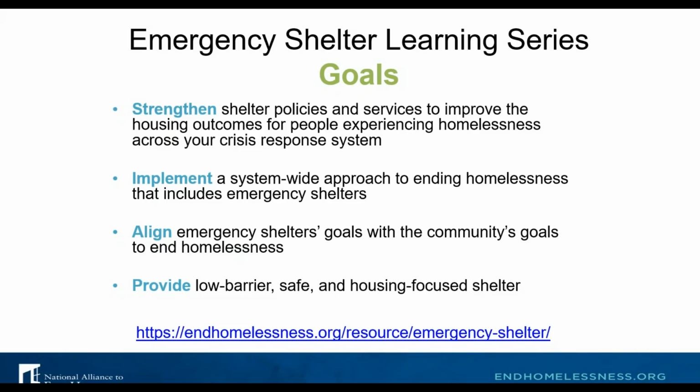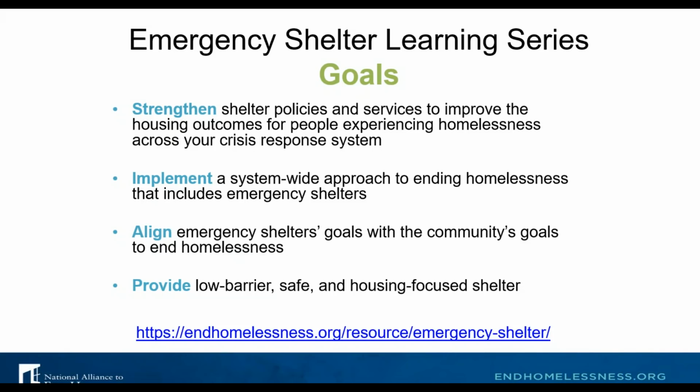So we developed this series and these resources as a way to help achieve 4 key goals. First, to help you strengthen your shelter policies and the services that you provide to people experiencing homelessness in your community so that you can help more folks exit your homelessness system into housing across your system. We also want to help implement a system-wide approach to ending homelessness that includes emergency shelters.